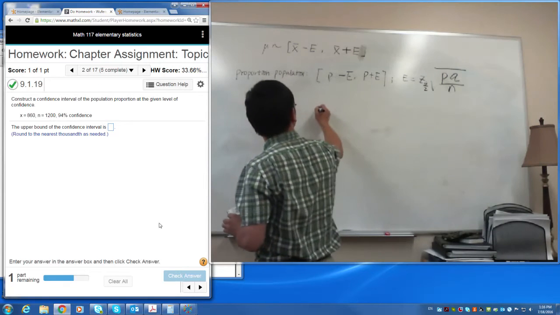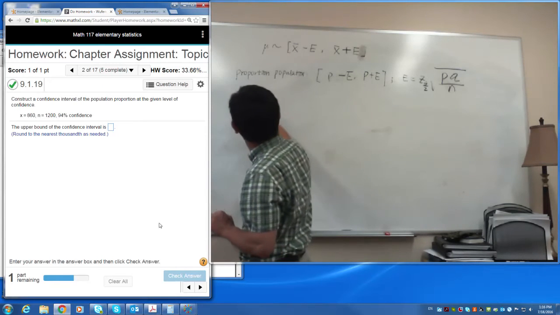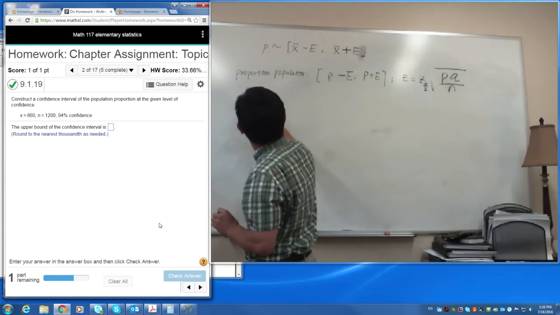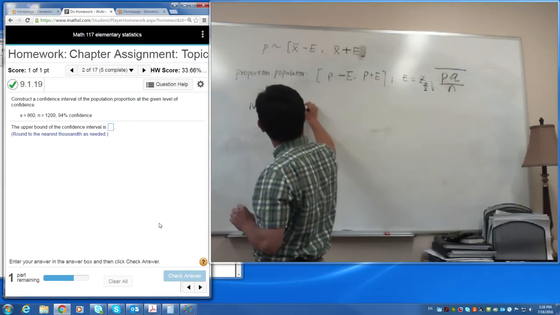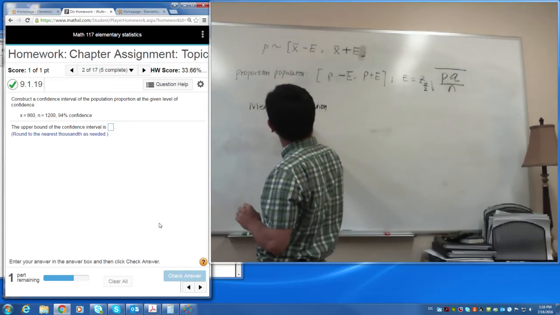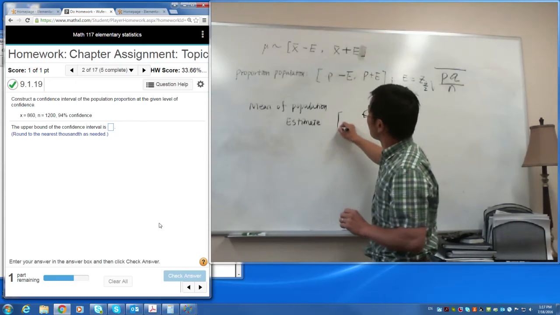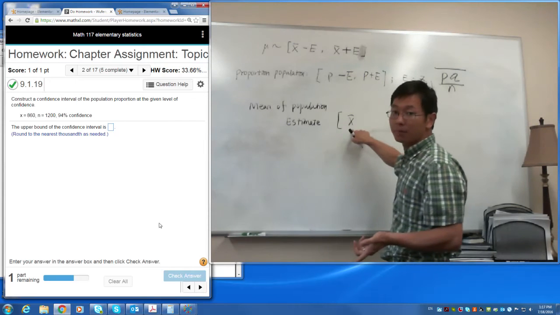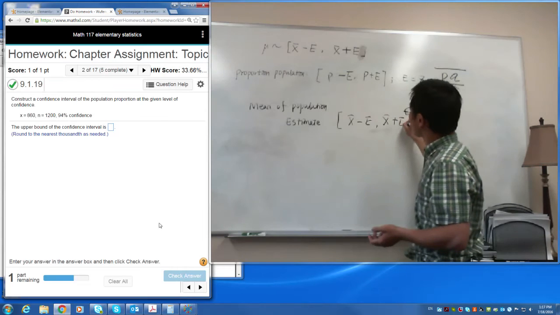And the next one is for the general mean of the population estimate. The formula is x sample minus error, x sample plus error.